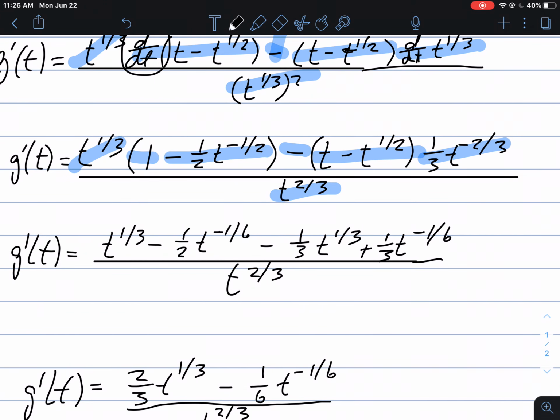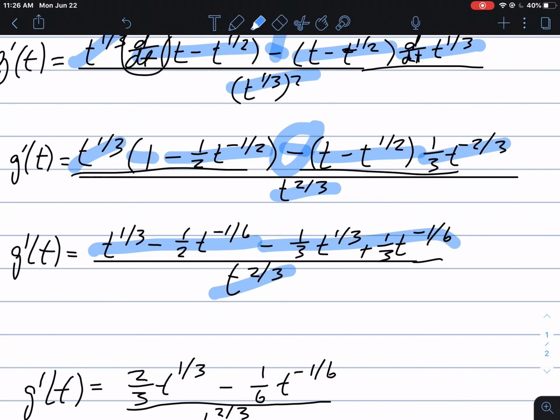I distributed the t to the 1/3 through here, you get this. I distributed the 1/3 t to the negative 2/3 through here to get this. I also accounted for the negative that has to be distributed as well. So that's where this came from.